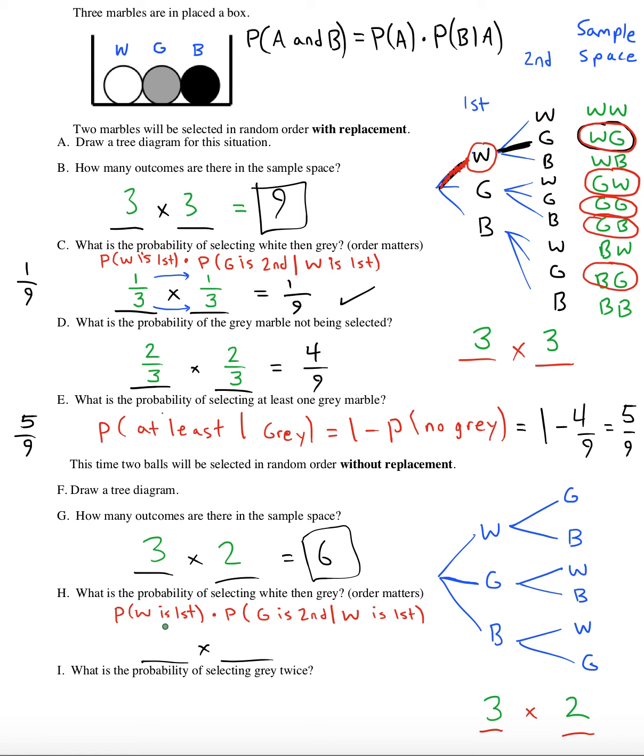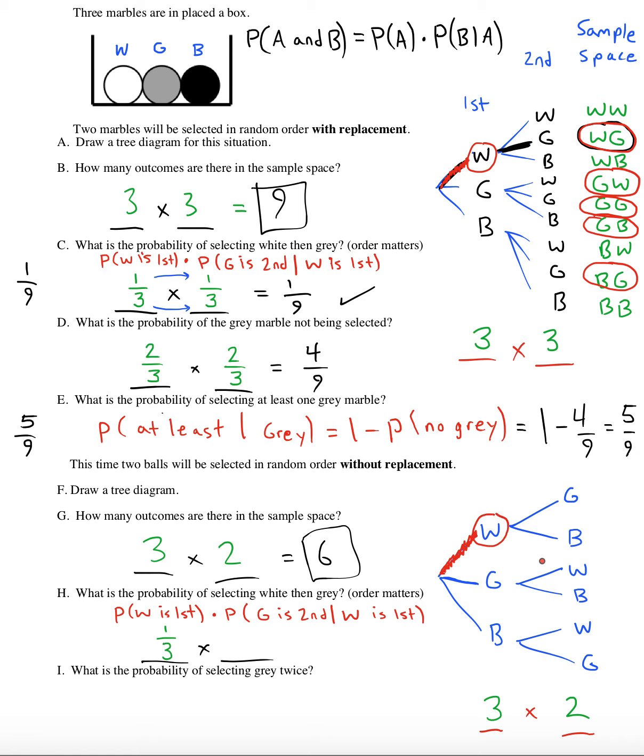All right, our chance of getting white on the first pick is 1 in 3. That means that we took this path. And now, what's our chance of getting gray, given that we did take that path?